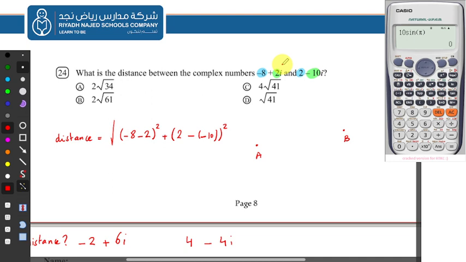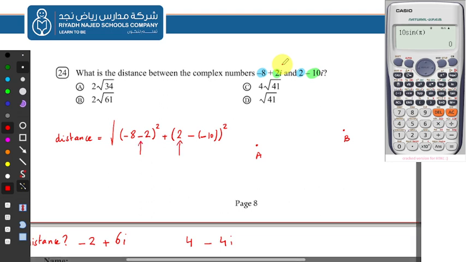Here the second number is already negative, so you have the minus sign of the formula and you have the negative sign of the number, so you have to put both of them. In the formula you have first number minus second number.